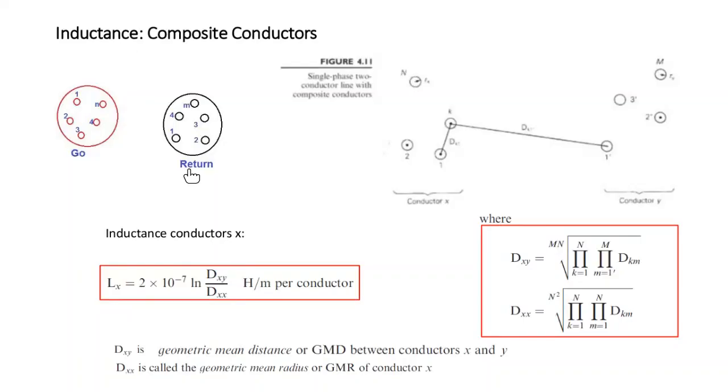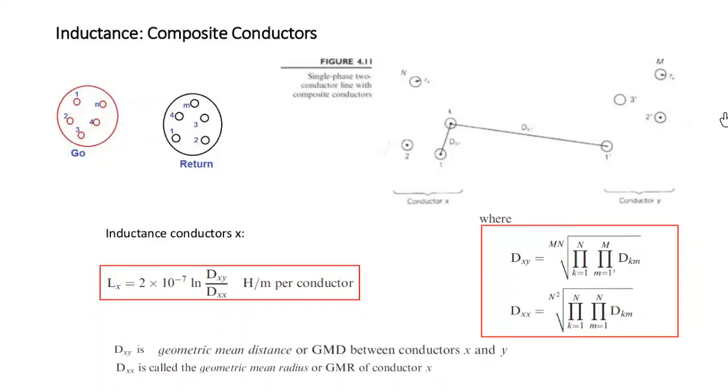From this one here, we can draw it like this: 1, 2, 3, 4, N, at different spaces. One is here, one is there, one here, and also for the other conductor, the return conductor.